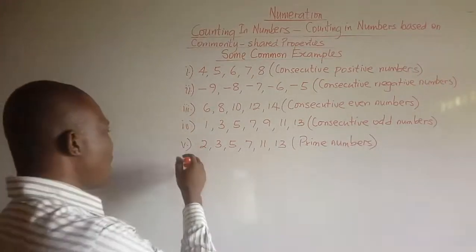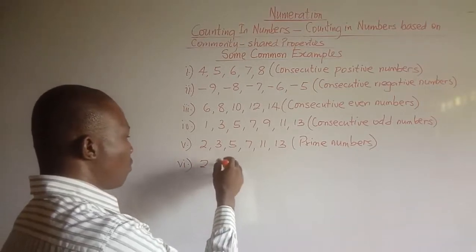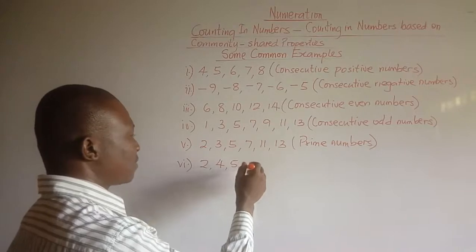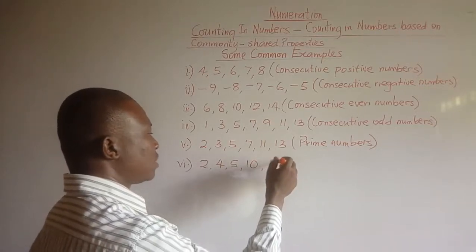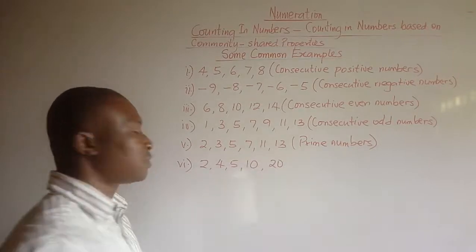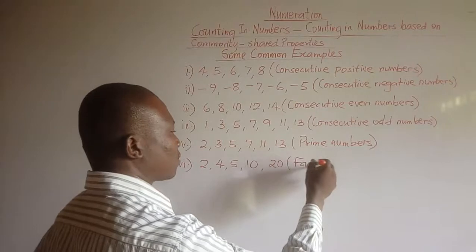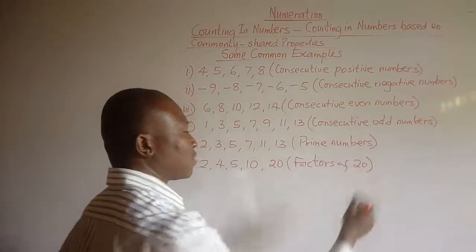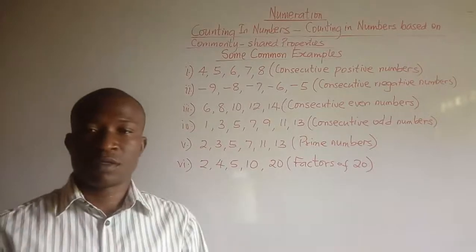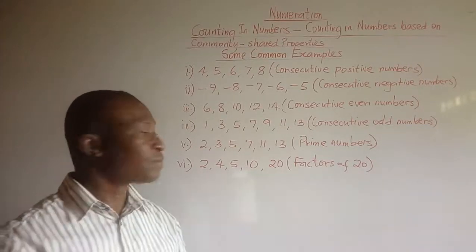You can also have 2, 4, 5, 10, 20. These numbers are factors of 20, because they can all divide 20 exactly.